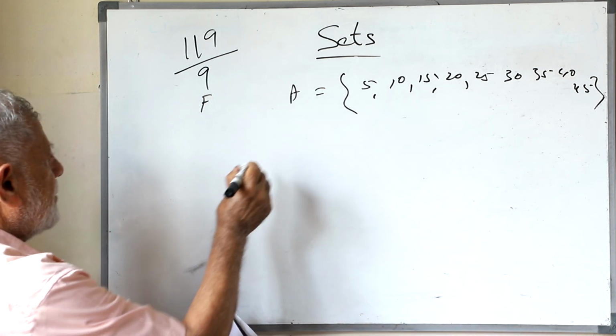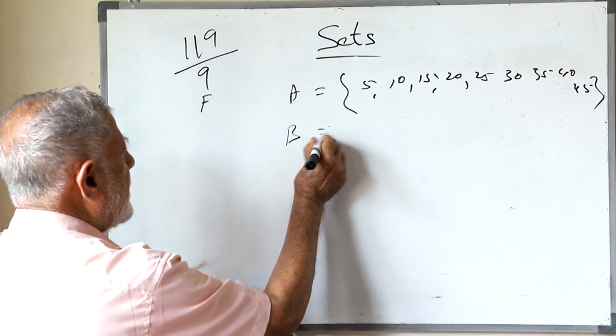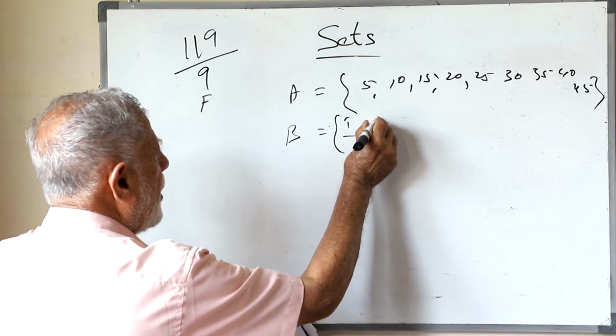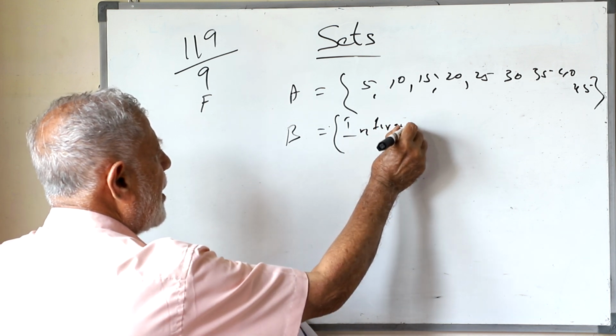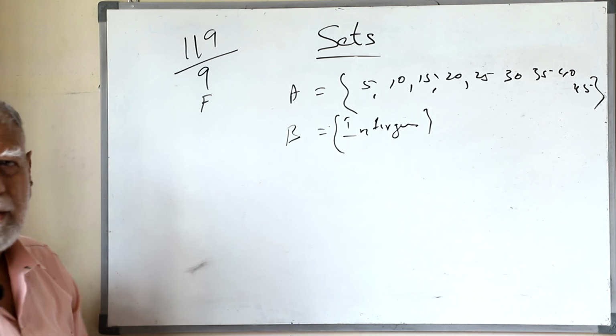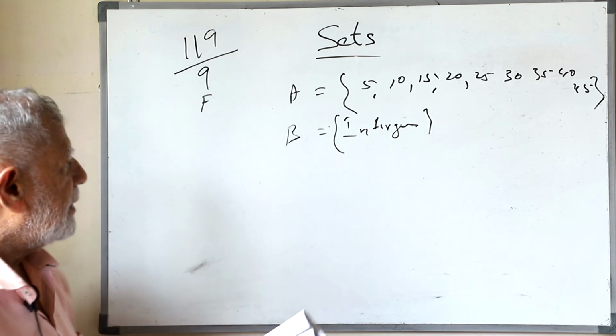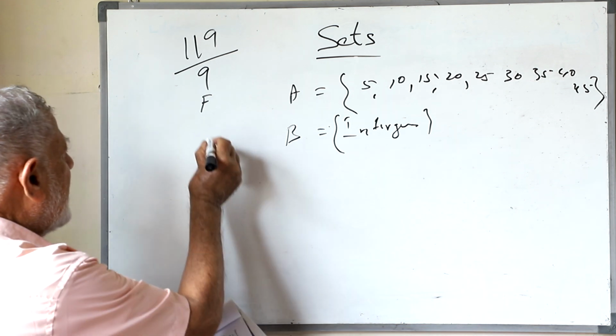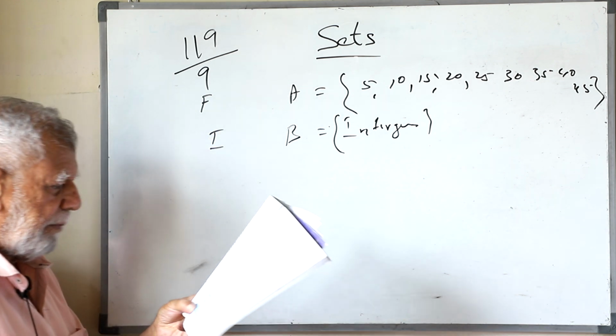Integers, B. Integers are whole numbers. There is no limit. It goes on and on. So we can't say it is finite. It is infinite. We put I for infinite.